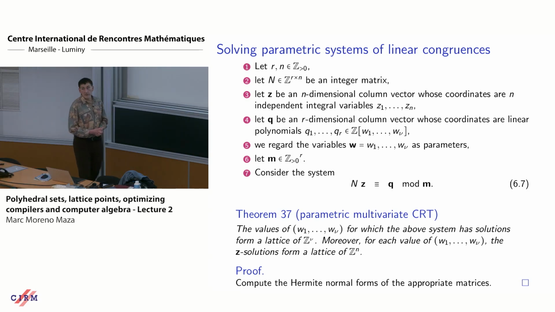And if in fact we take into account that Q has polynomials, that brings another system of congruences that is solved by a second Hermite normal form. So at the end of the day, in applying Hermite normal form twice, one can give conditions for such a system of equations to have solutions and also describe the solutions.